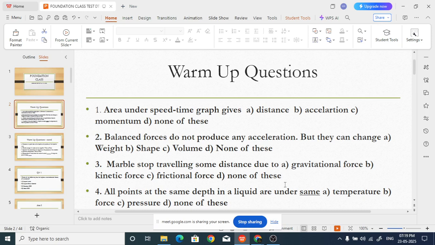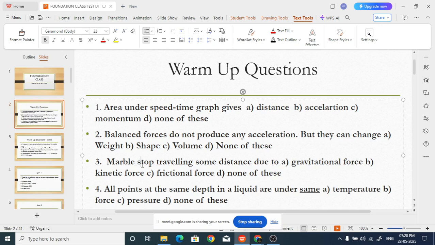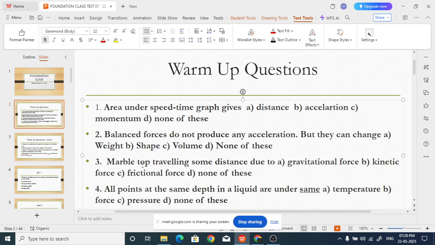Balanced forces do not produce any acceleration, but they can change: A, weight. B, shape. C, volume. D, none of these. Marble top traveling some distance due to gravitational force, kinetic force, frictional force, none of these.